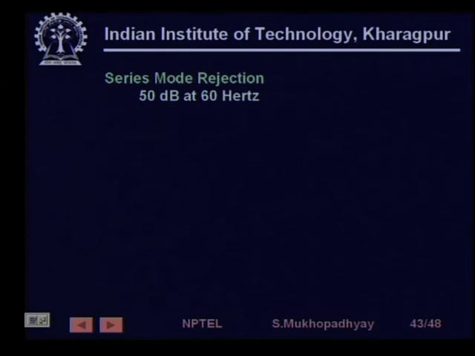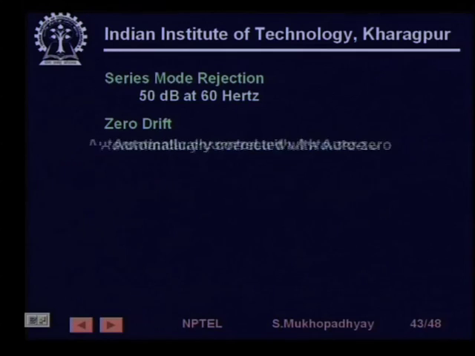Apart from these specifications, if you see an example industrial specification, you will find some other things which are specific to the particular sensor that you are using. Since thermocouples use long wires, there is a series mode rejection.